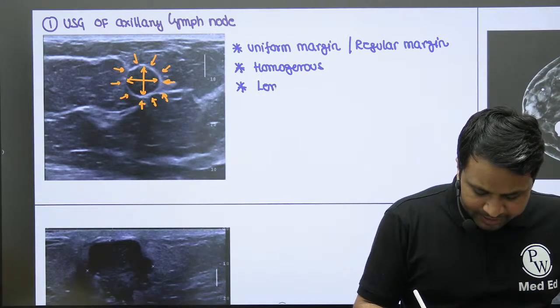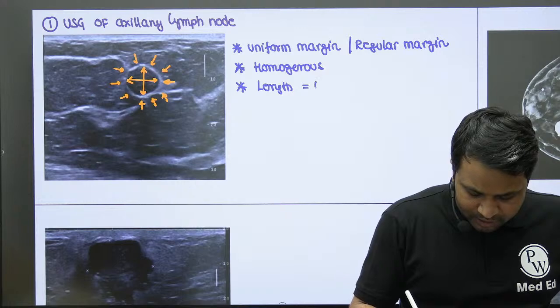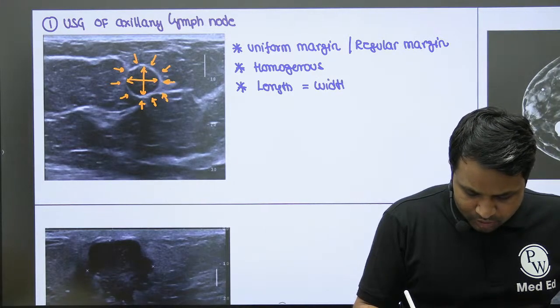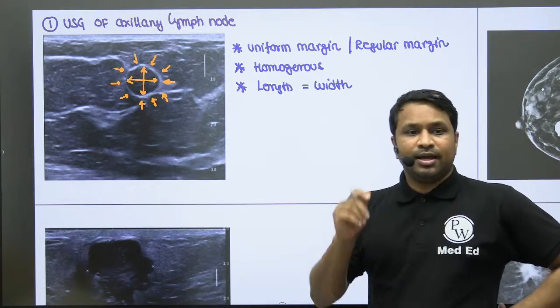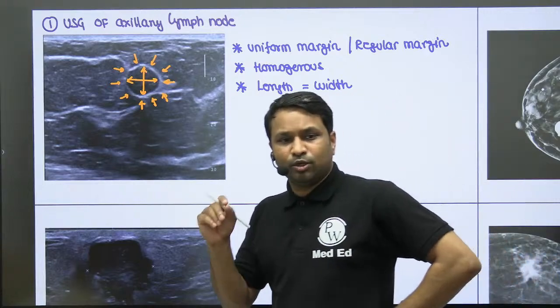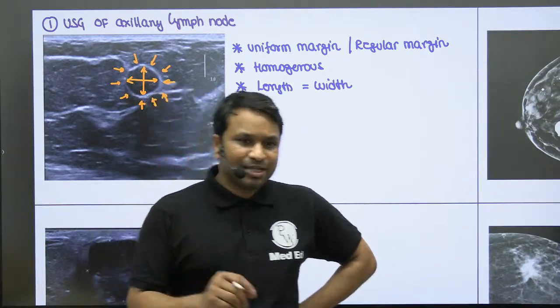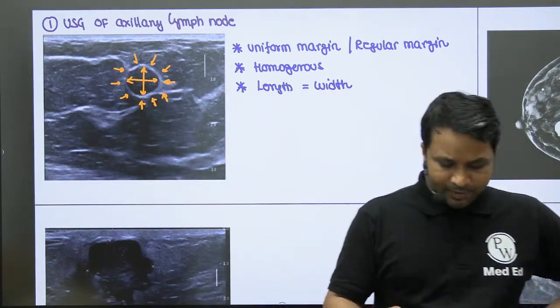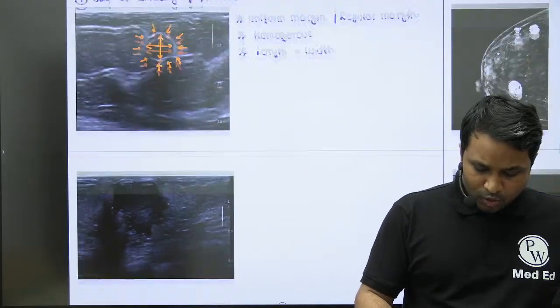Here the length and width of the dimension is almost equal. It is uniform, regular margin, homogeneous. The length as well as the width remains absolutely the same. Now you go to the second image.